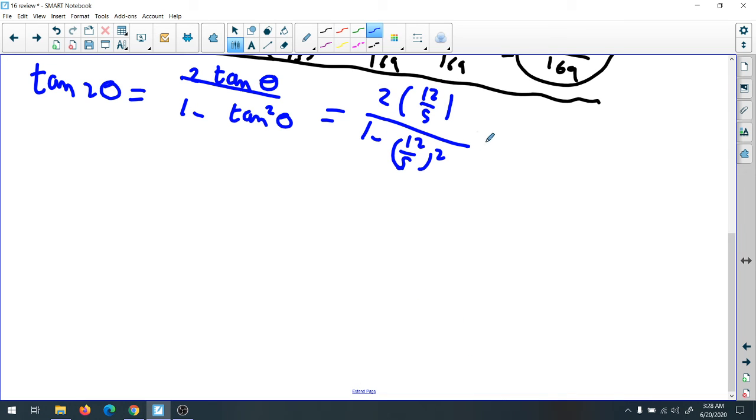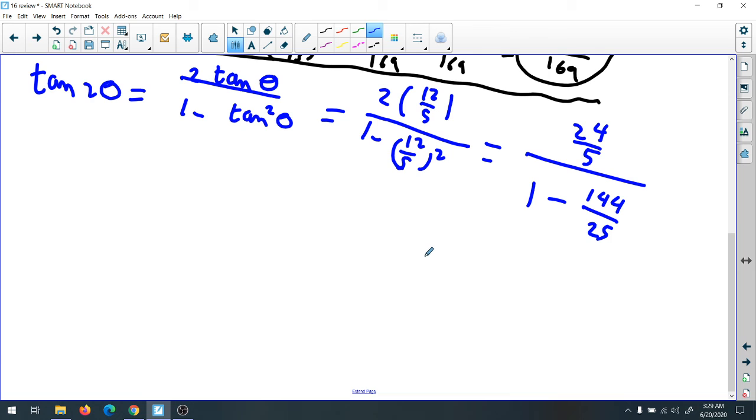So 2 times 12 is 24 over 5 divided by 1 minus 12 squared, which is 144, over 5 squared, which is 25. And let's make 1 as 25 over 25, so we could subtract.